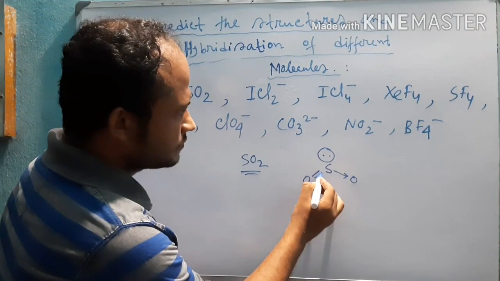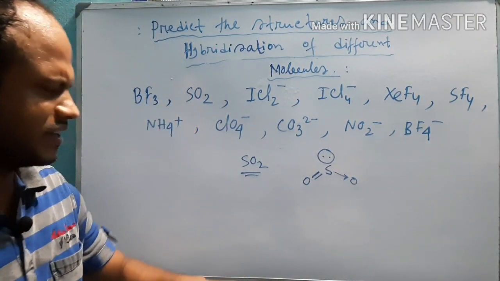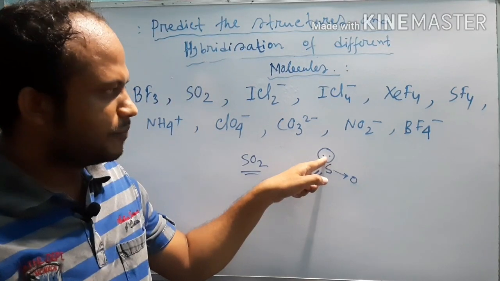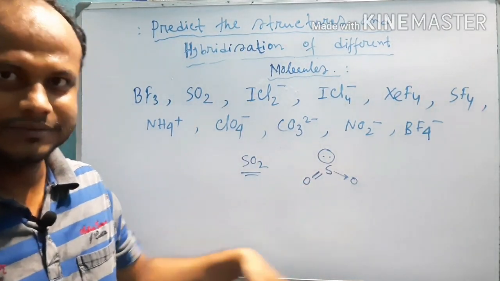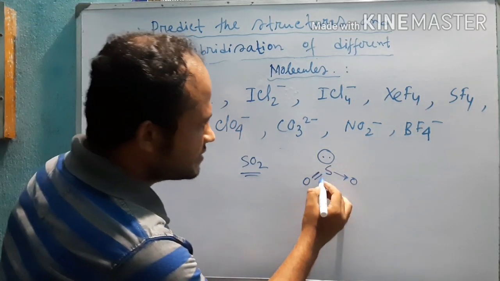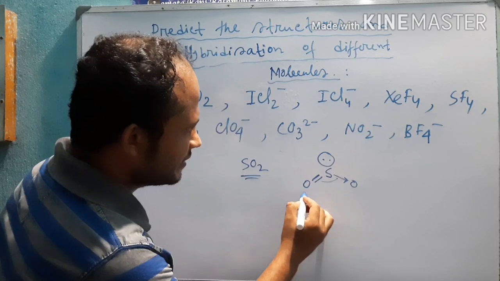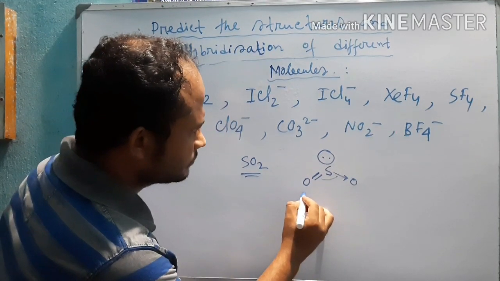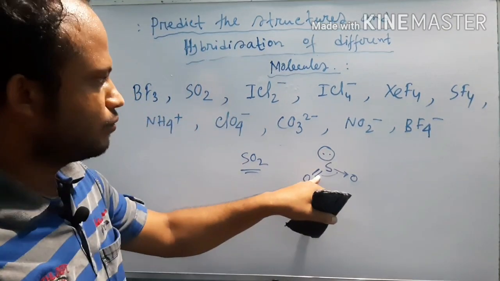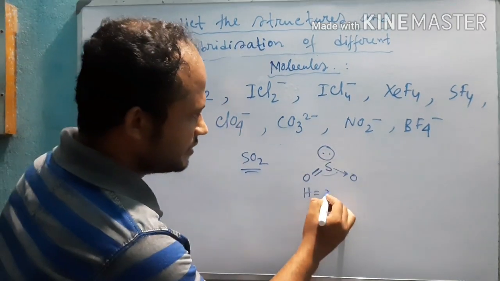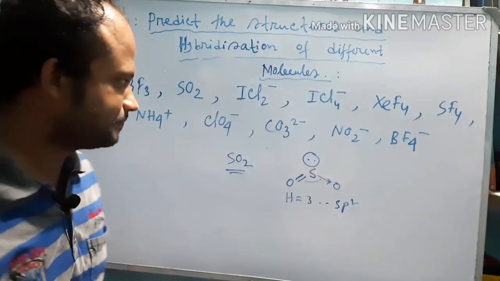Here you have to know the hybridization by shortcut: 1 lone pair, 1 sigma bond and 1 coordinate covalent bond. So that is an angular structure, and the hybridization equals 1, 2, 3, that is 3, that is sp2. Okay.